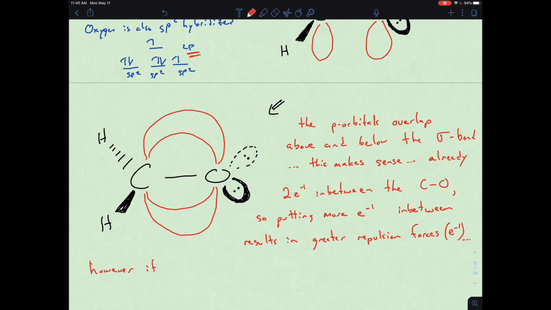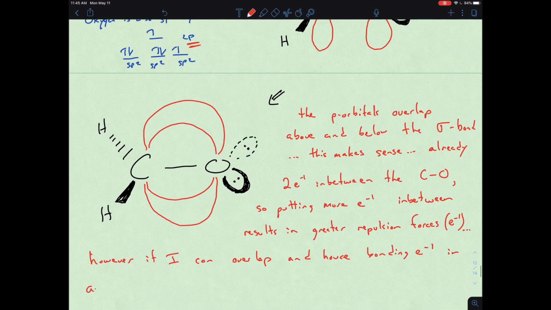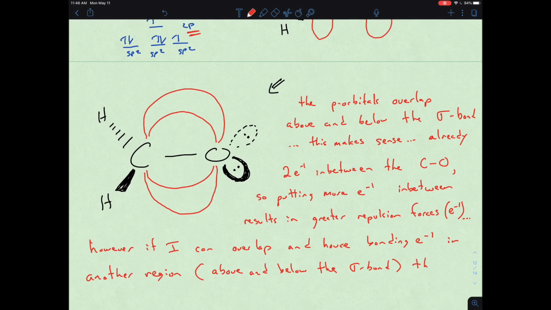However, if I can overlap and house bonding electrons in another region, say above and below the sigma bond, then repulsions are minimized.